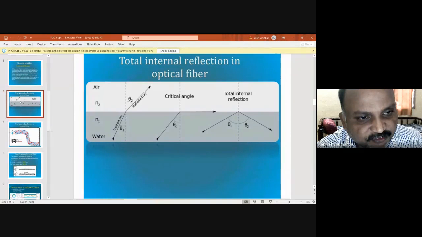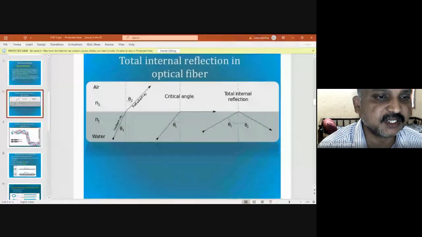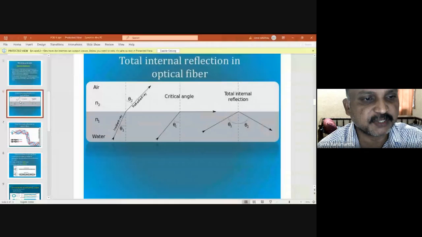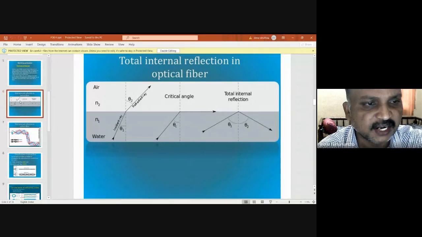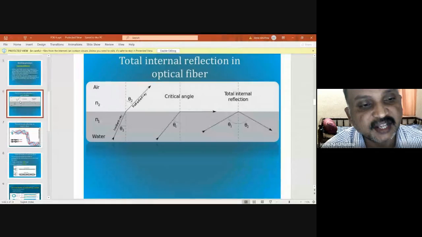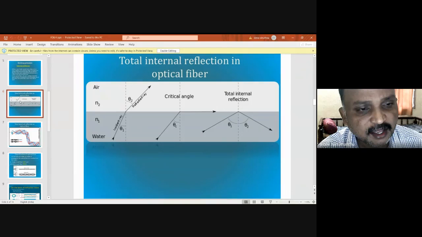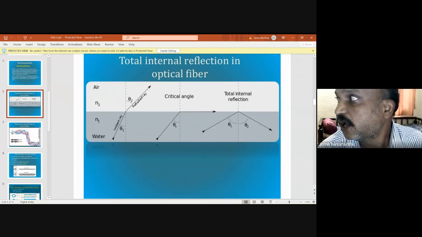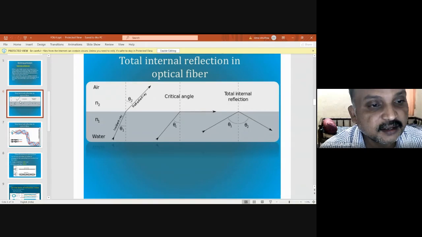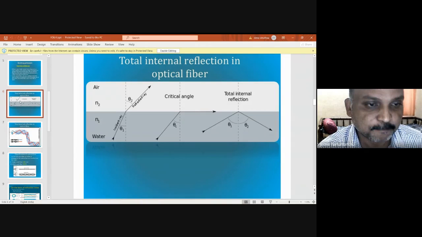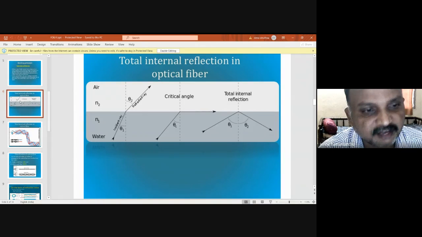Fine. When the light enters from here, we are taking the example of water and air. You can imagine here core and cladding, no problem. So when the light enters into the core, because core is made with high refractive index. I will tell you the meaning of refractive index.